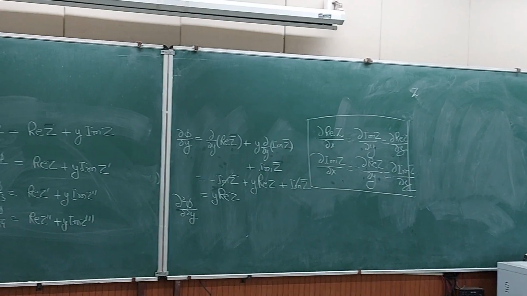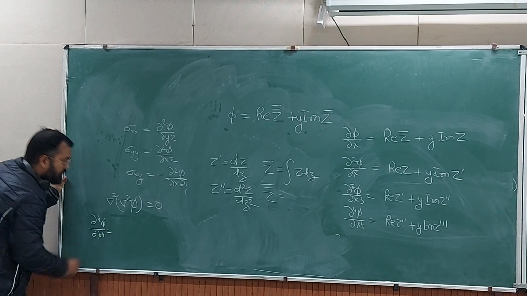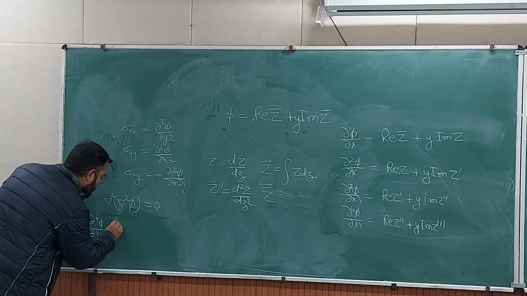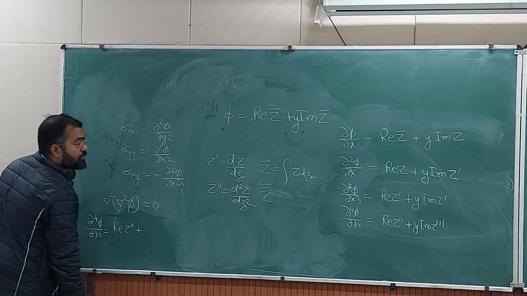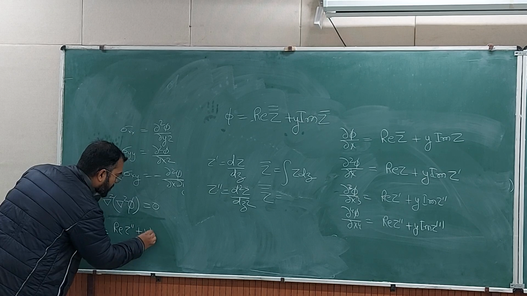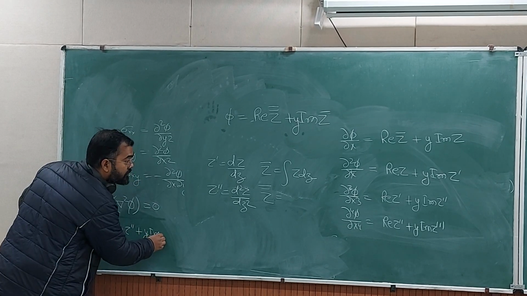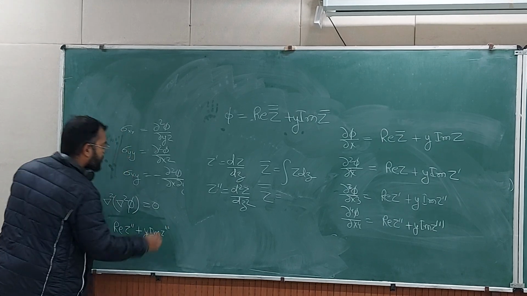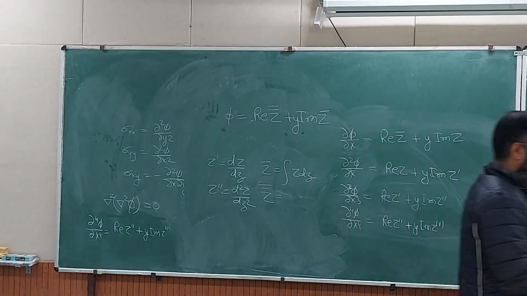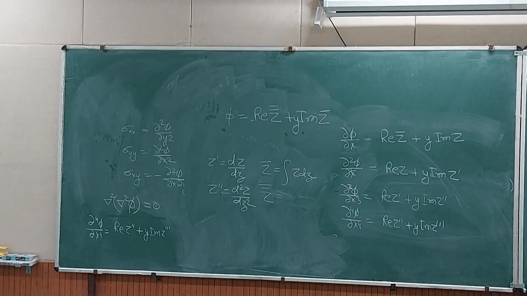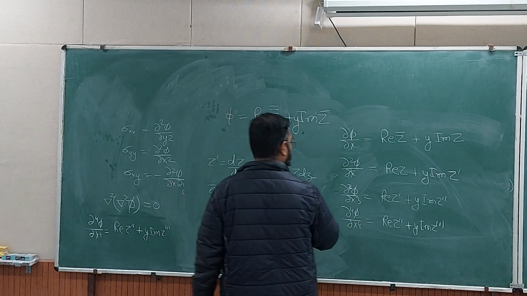So I will write here del phi by del y to the power 4 will be equal to real part of z double dash plus y imaginary part of z triple dash. So this I don't need now.